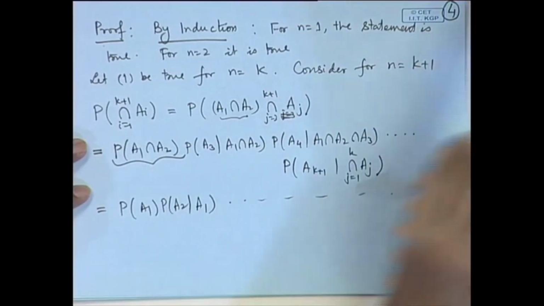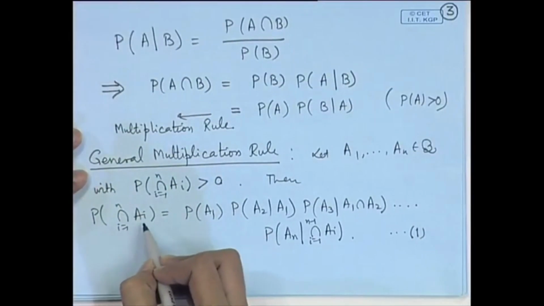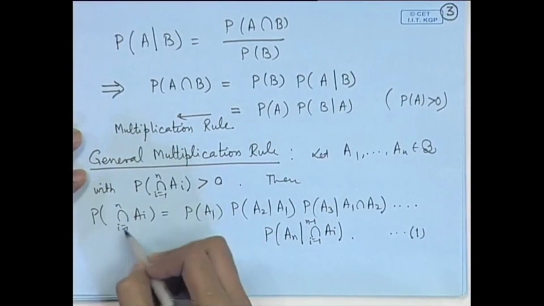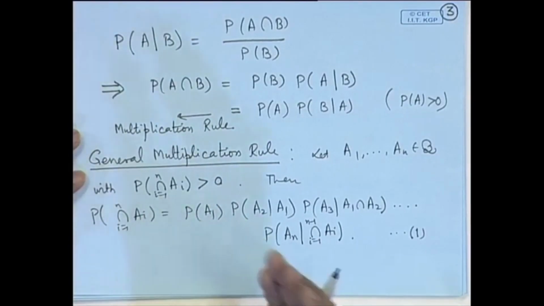The significance of this result lies in that many times we are not aware of the probability of the simultaneous occurrence. It may be somewhat difficult, because what may happen is that the events are conditional, that is, after occurrence of one thing something may happen. For example, if a person is sick with a certain disease and he takes a treatment, what is the probability that he will be cured?